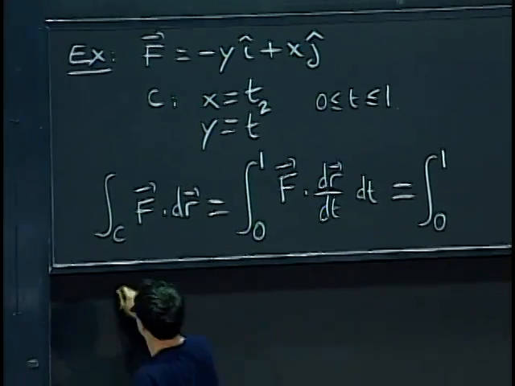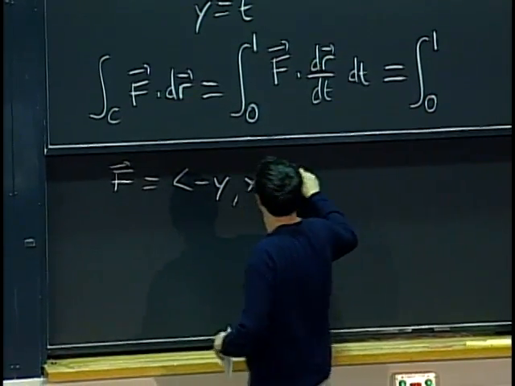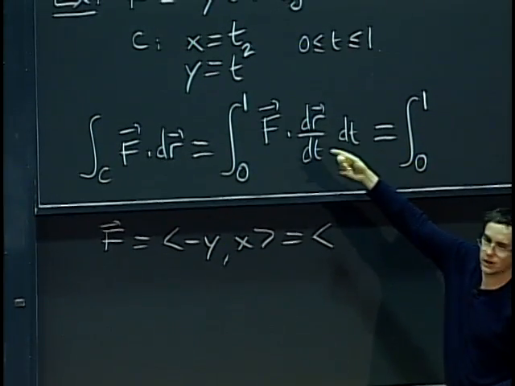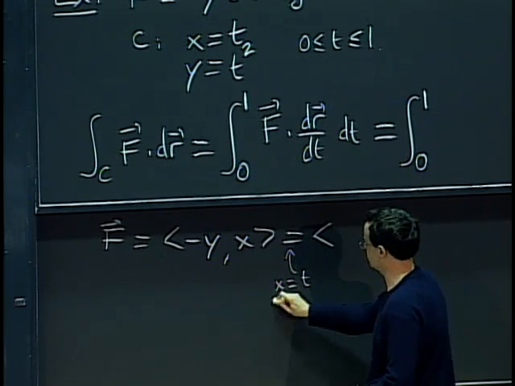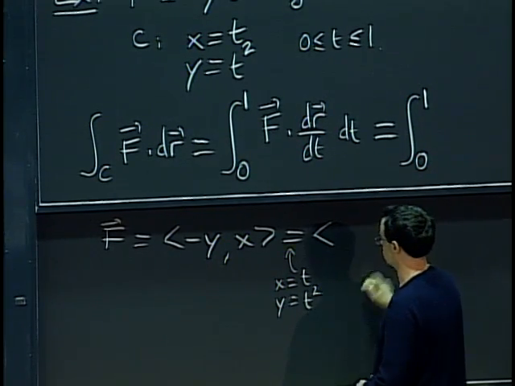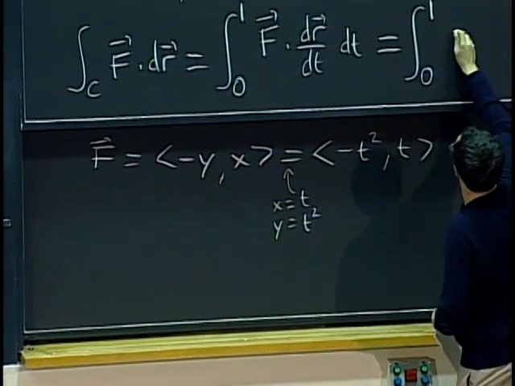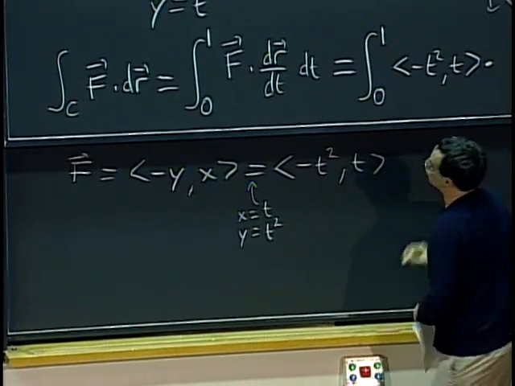F at a point (x, y) is (-y, x). But at time t, x is t and y is t squared. So I plug in x = t, y = t squared, which gives me (-t squared, t).